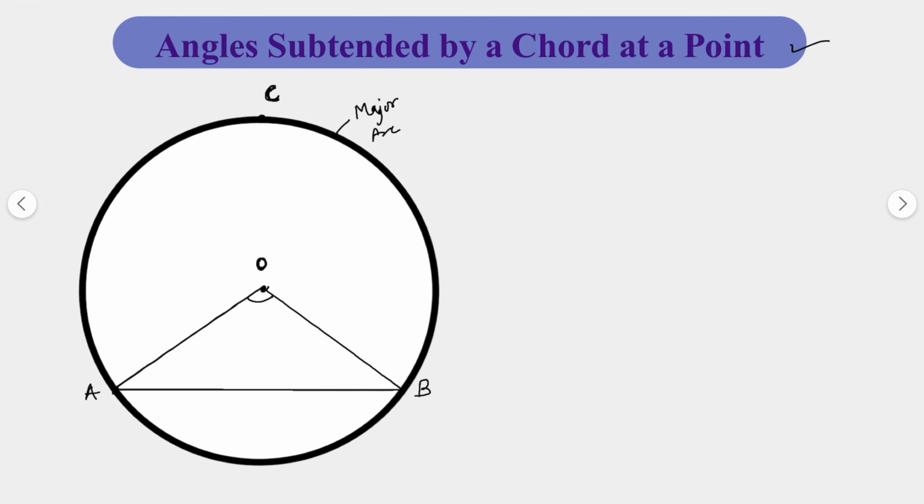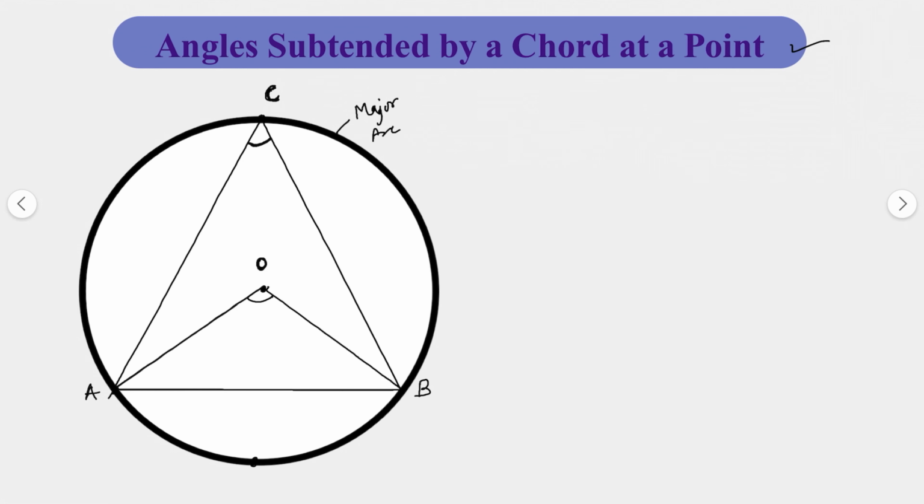If we join the end points of the chord, A to C and C to B, we get an angle made by the chord at a point in the major arc of the circle. That's the second angle, angle ACB. If you take any point in the major arc, you will get the angle in the major arc of the circle.